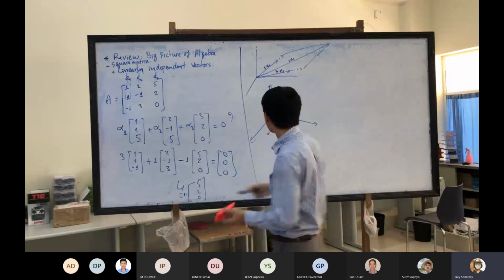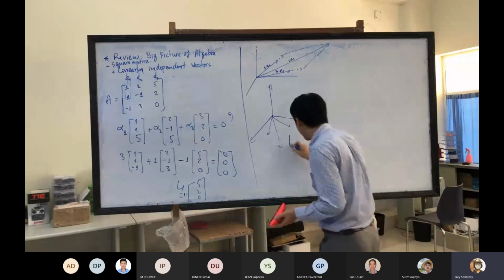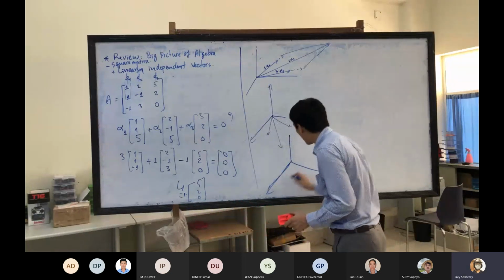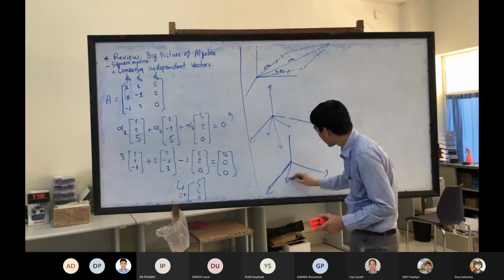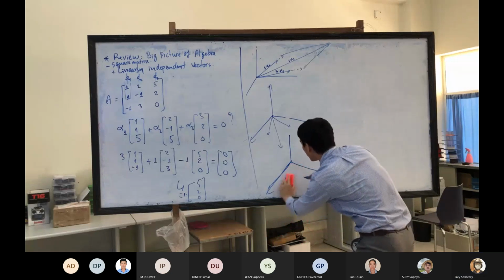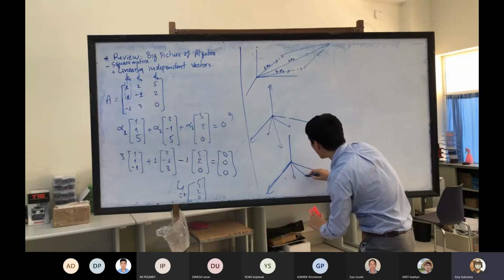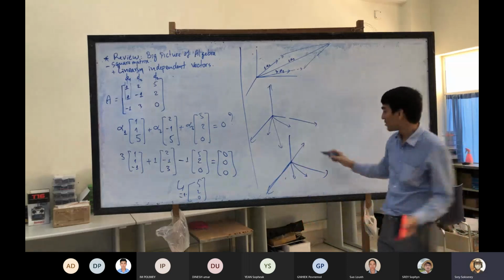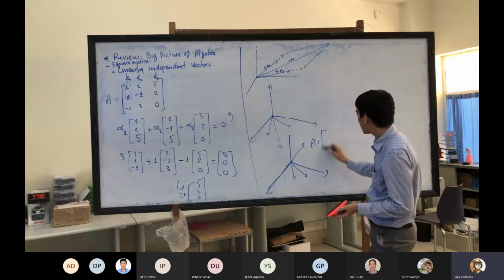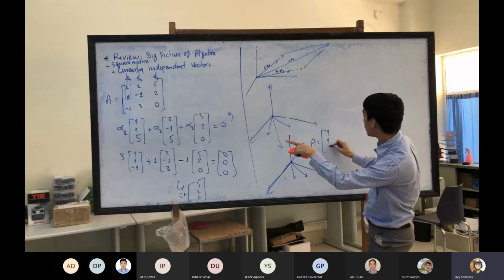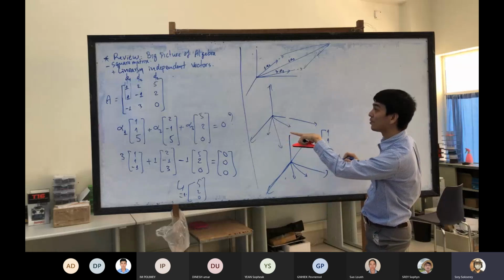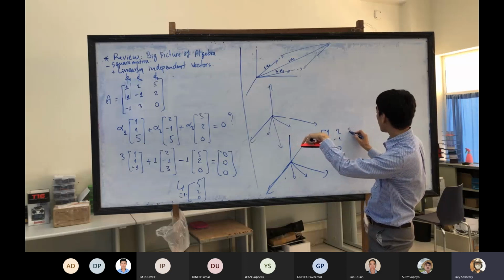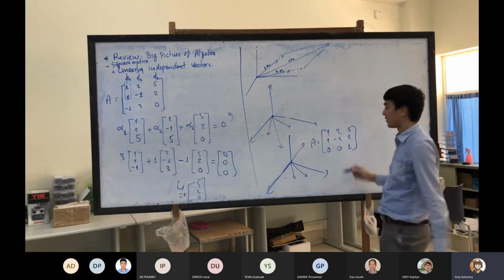So if you have three vectors, let's say you have two vectors in here, but another vector is like this. For example, if A equals (1, 1, 0), and then (2, -1, 0), but this one is (5, 2, 1), like this.